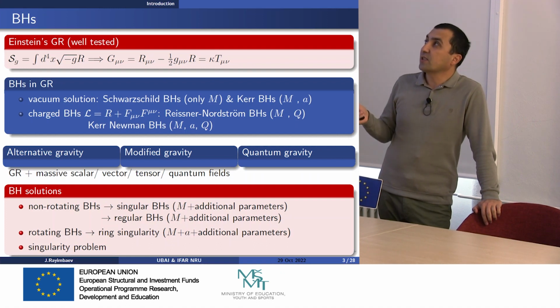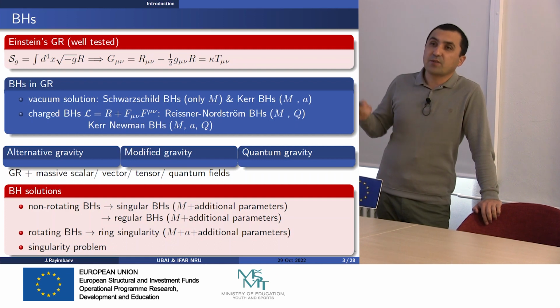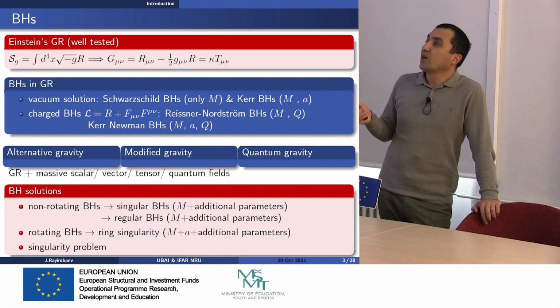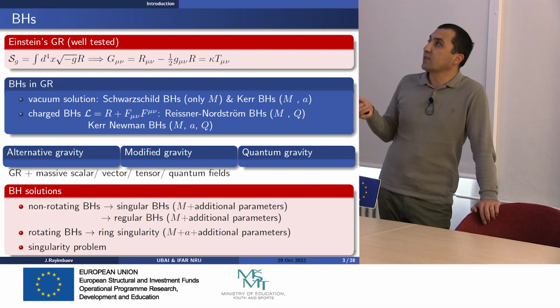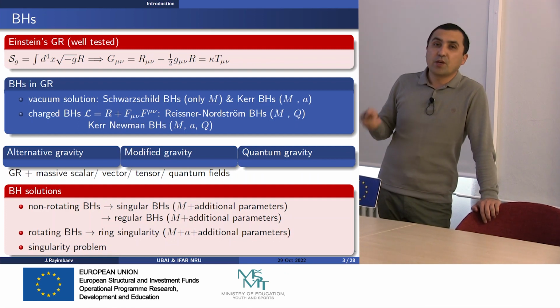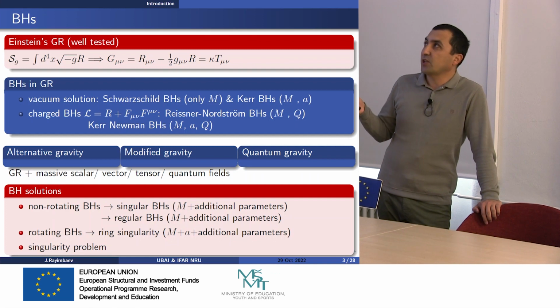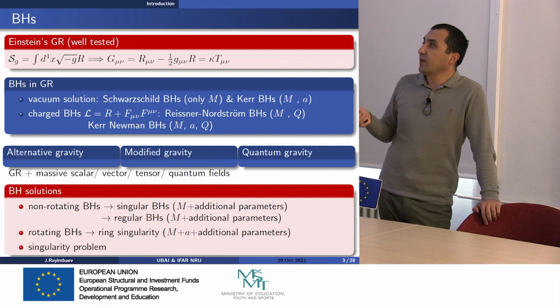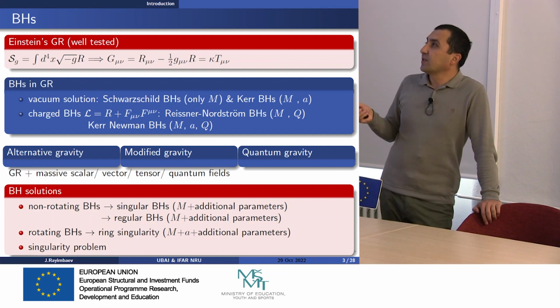Einstein's classical theory of gravity, general relativity, has passed several observational tests. It is well tested, but we still have some questions which are not answered by observational events. There are many modified and alternative theories of gravity, and quantum gravity, to be explained.